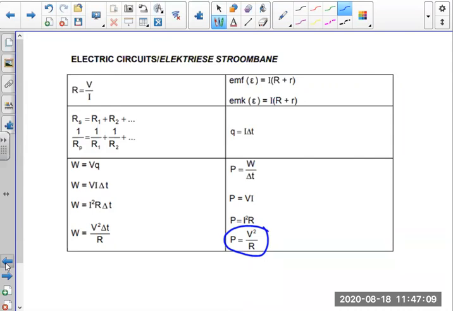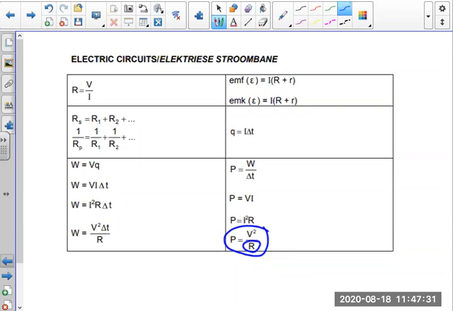Now we have the R because it's in the 6 ohm resistor, so I must use one that at least has R. And then if I can work out the current through that 6 ohm resistance or the voltage over the 6 ohm resistance, then I can get the power.